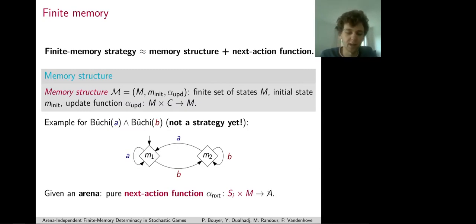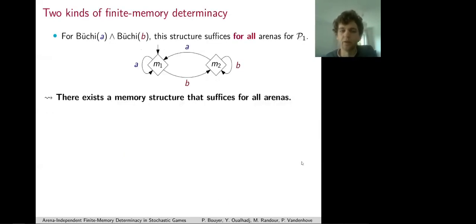As I've said, here we consider pure strategies, that is, strategies that do not use randomization. I just write A here and not distributions over A. You can notice that it's perfectly possible to define a memory structure without considering an arena, but that's not possible when you want to actually implement the strategy. And so this brings us to a distinction between two kinds of finite memory determinacy.